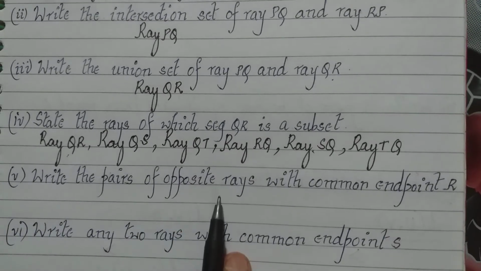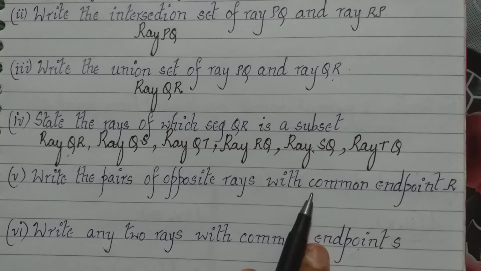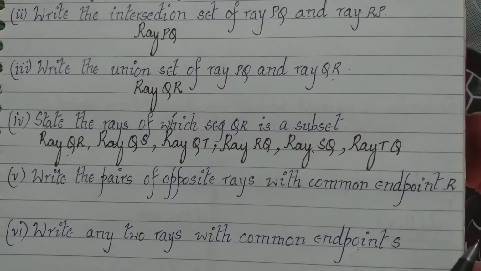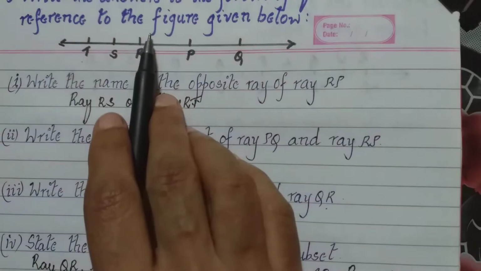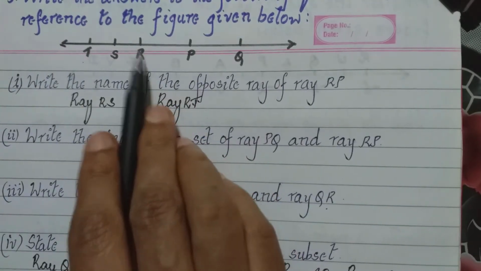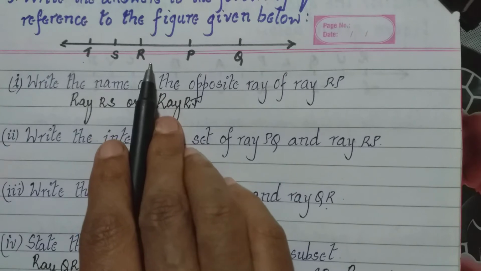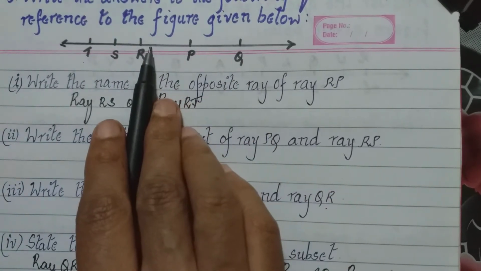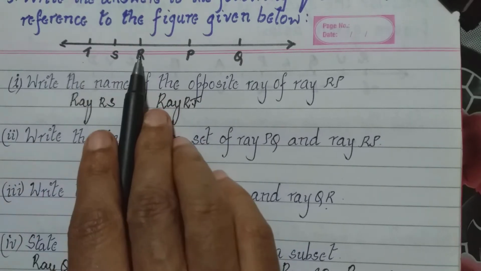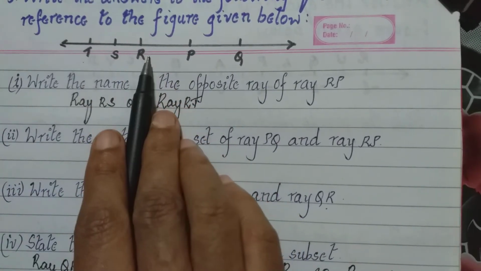Now going to the next question, write the pairs of opposite rays with common endpoint R. That is, they are heading in opposite directions. There is a ray here, RP, that is going in this direction. What is an opposite ray? It goes in this direction. RP is going towards the right hand side.